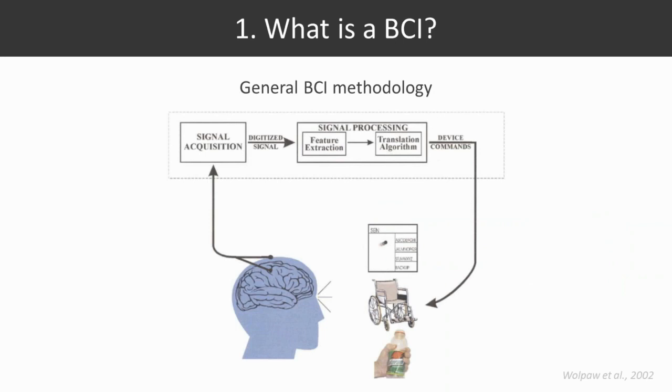So let's have a look at the general BCI methodology. So what is the basic design and operation of any BCI system? We measure brain activity by a functional neuroimaging method, for example fNIRS, fMRI, EEG, and then further process this activity or the signal to extract specific signal features, for example the brain activation level or a connectivity measure or any other informative aspect of the signal, which can be controlled by the BCI user and which encodes the specific user's intention.